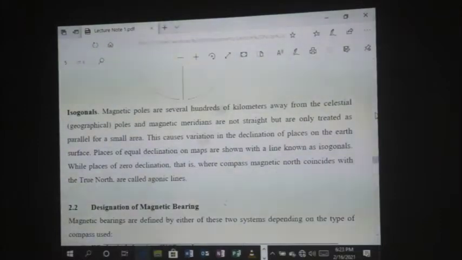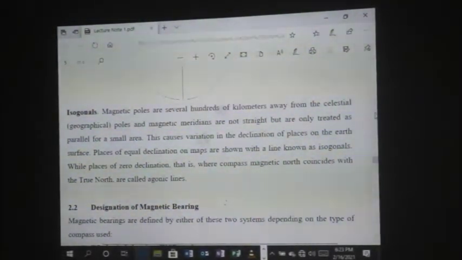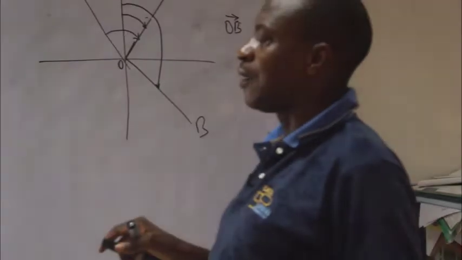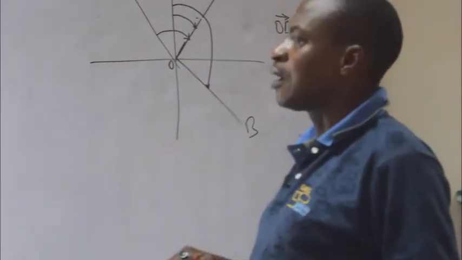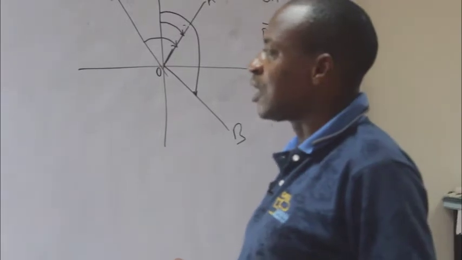While places of zero declination, that is where the compass magnetic north coincides with the true north, are called agonic lines. In some cases, you are likely to have your magnetic north coinciding directly with the true north, which is very rare. But when there is no difference between the true north and the magnetic north, the line joining those places is called agonic. It means that at those points, the declination is zero.